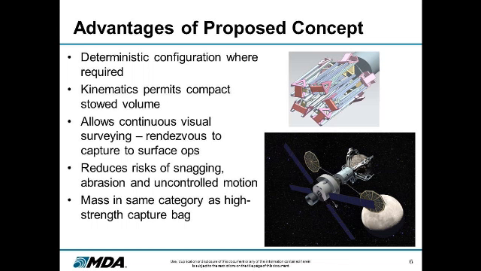It does reduce the risk of snagging, abrasion, and uncontrolled motion. And we did do some preliminary mass calcs, and I was comforted to see some of the mass calculations here today. We're in and around the 400 kilogram range. And that concludes my presentation.